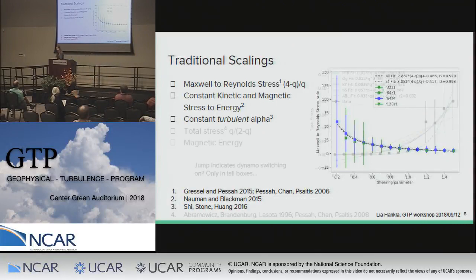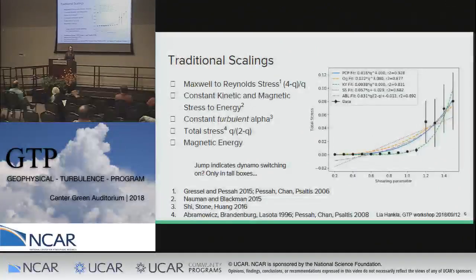But I don't manage to reproduce some of the other scalings, which we saw in the first talk today by Eric Blackman. I reproduced, as a function of shearing parameter, what the total stress would be. The dotted line up here is the Shakura-Sunyaev fit, the black points are my data, and all the other colored lines are various people trying to come up with a theory for how to fit this total stress.